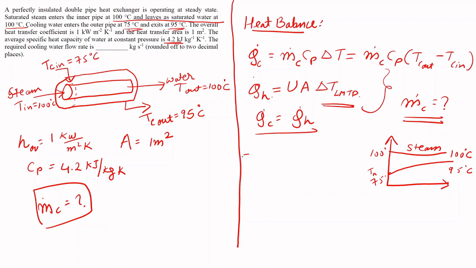That implies my log mean temperature difference will be equal to delta T1 minus delta T2 upon ln of delta T1 upon delta T2. Here delta T1 is 100 minus 75 and delta T2 will be 100 minus 95.